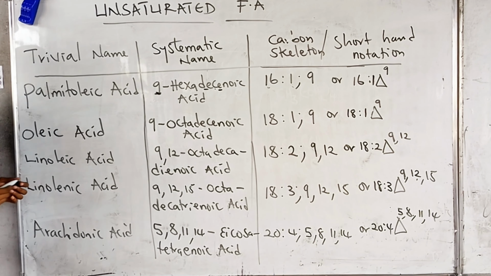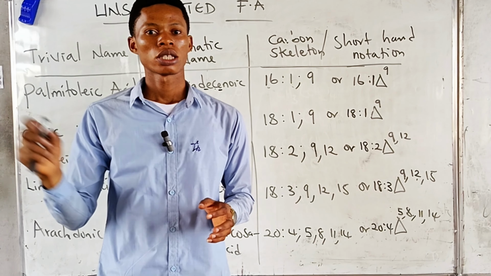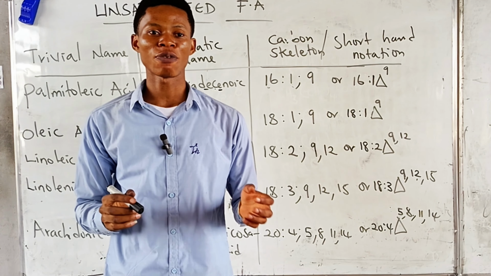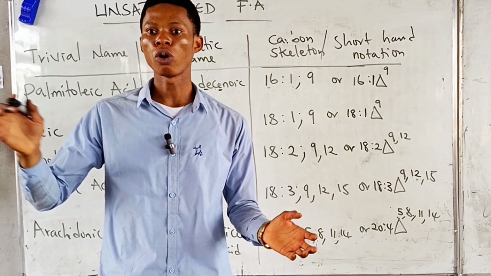Oleic acid. Please, you have to take note of these three because they all have the same number of carbons. How many? 18, right? Oleic acid, linoleic acid, and linolenic acid. Based on the number of double bonds present, unsaturated fatty acids are further classified into monounsaturated fatty acids and what?